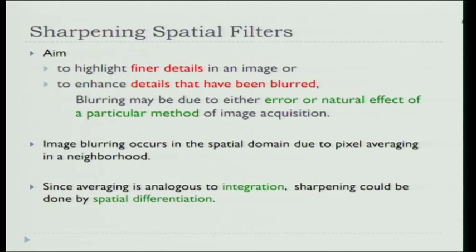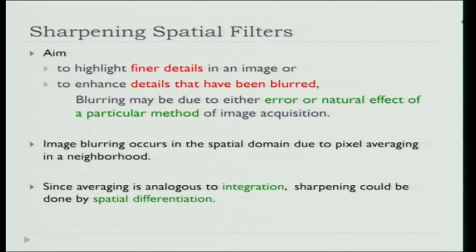You have the finer details and you want to highlight them, that is your aim, or if there is a blurred image, you want to highlight that blurred effect, and blurring comes from two sources. One is due to some error or some natural effect, or because of some image processing operations.